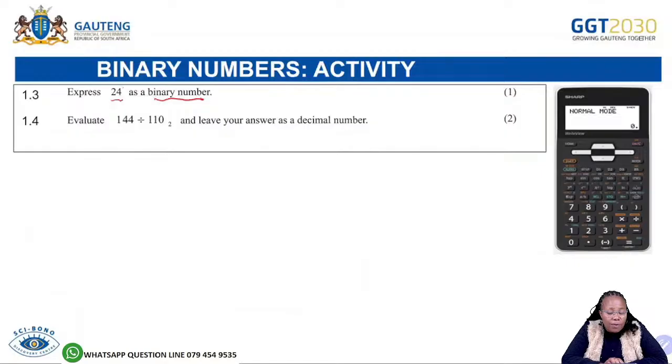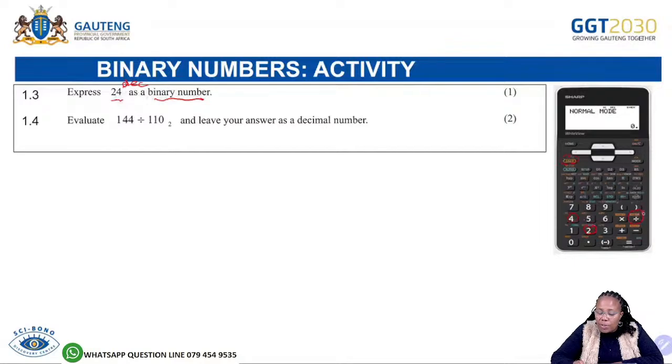If it is 24, that means this is a decimal number. Decimal, the calculator is automatically on the decimal mode. The minute you switch on, the calculator is on decimal mode. That means if you are working with decimal to binary, you'll just put in 24, you press 2, followed by 4, and then the second function, and then you change this to binary, you press that division line.